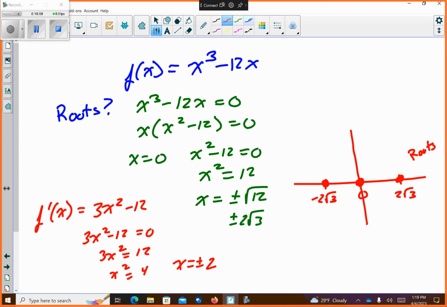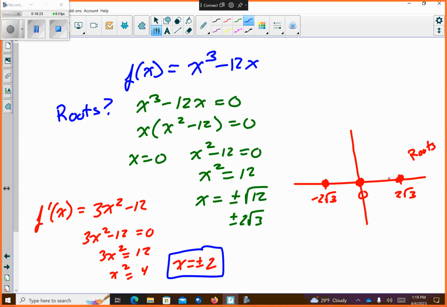And then if I look at it and I say, okay, what's taking place at this? These are the answers that come from the derivative. This is where the derivative is equal to 0.